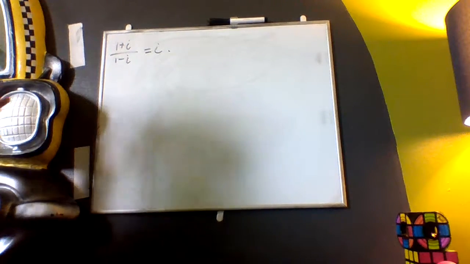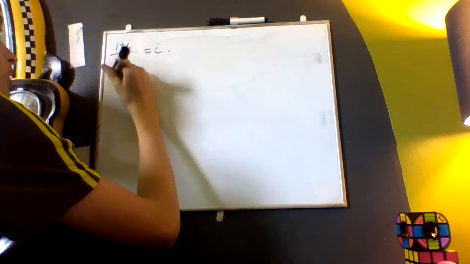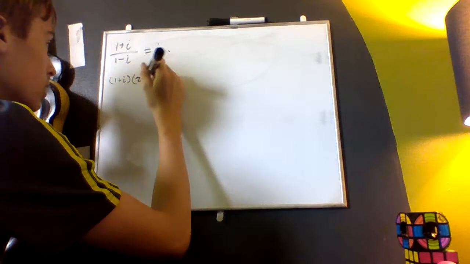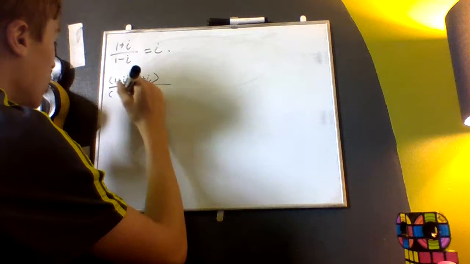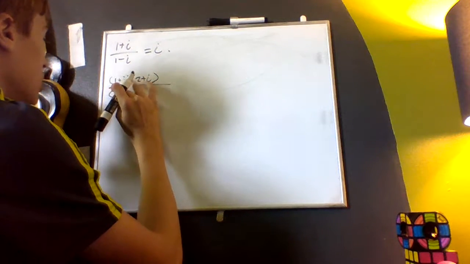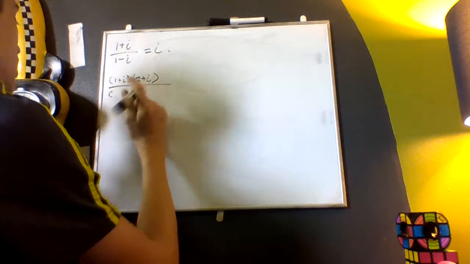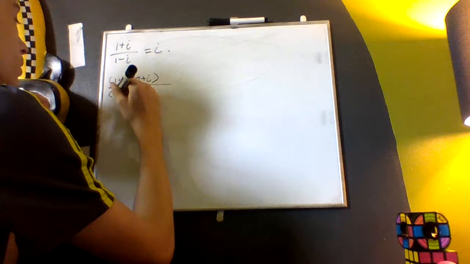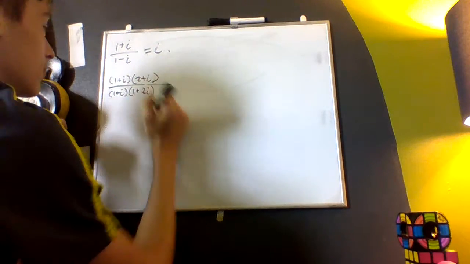So let's go ahead and do another problem. What is 1 plus i times 2 plus i divided by 1 plus i times 1 plus 2i?